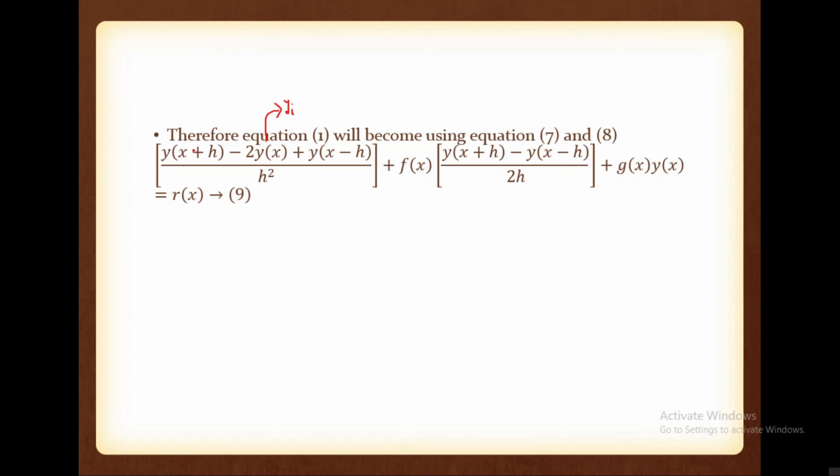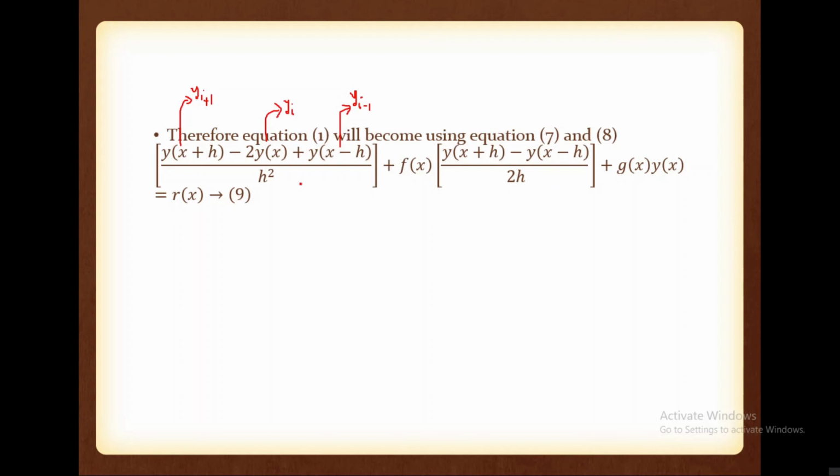So we can write y of x as yi. Now what is y of x plus h? The next value of y. So we can replace y of x plus h by using yi plus 1. Is it okay? Then what is this y of x minus h? The previous value of y of x. So we can write it as yi minus 1. So it means we can replace y double dash of x with yi plus 1 minus 2yi plus yi minus 1 divided by h square.